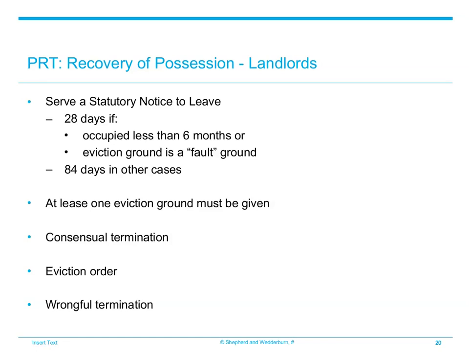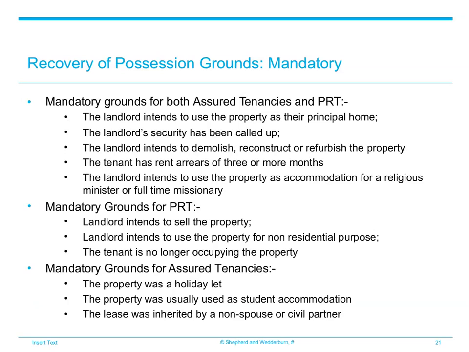I've put on this slide just a couple of notice dates, times, and they're obviously just there for information. In terms of the recovery of possession grounds, I've also included the mandatory grounds for both assured tenancies and private residential tenancies.